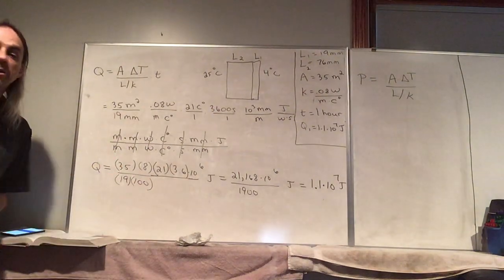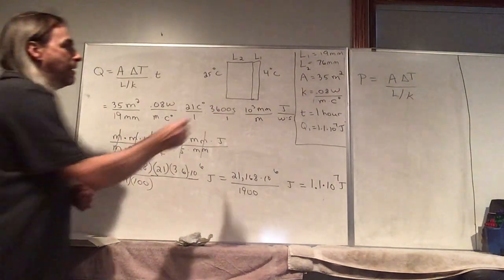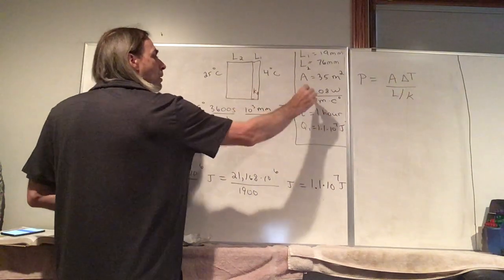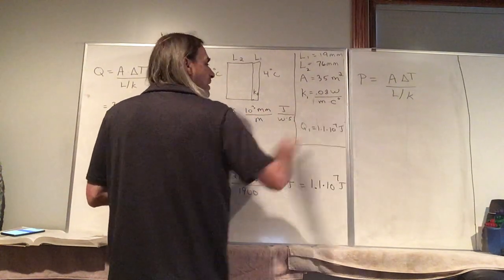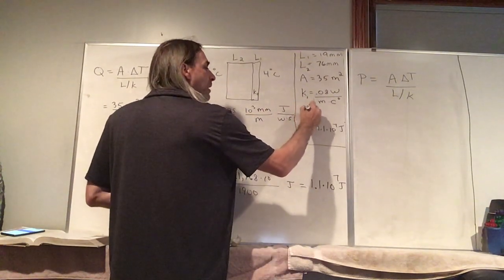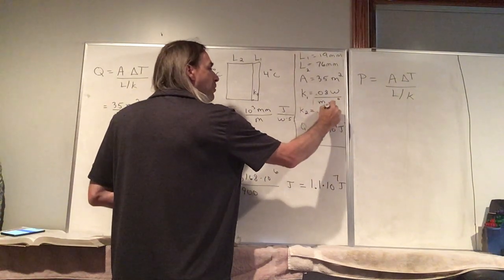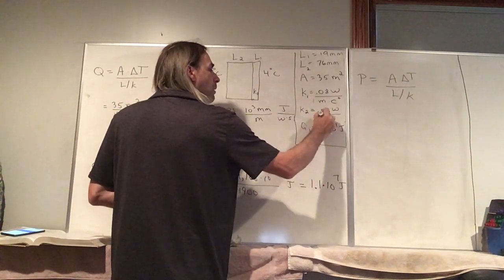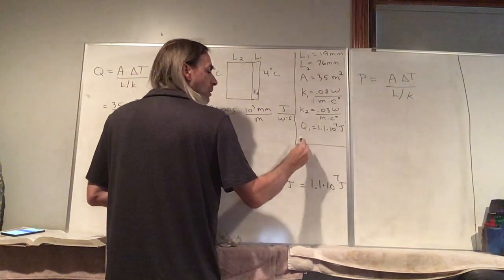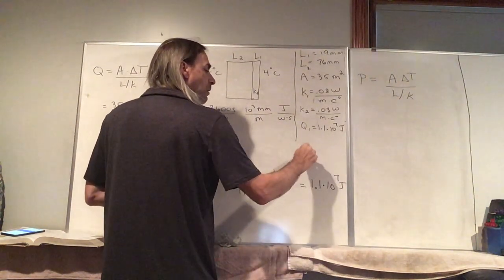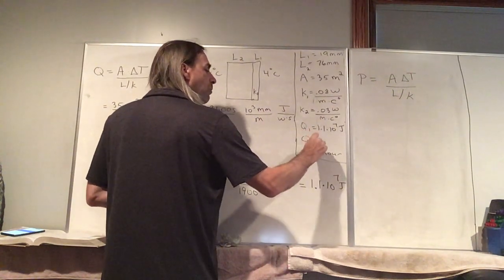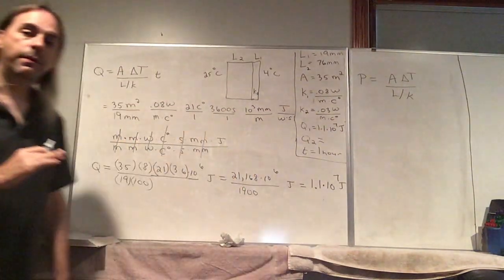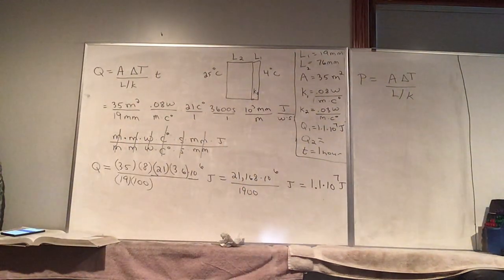So the insulation is much thicker than the wall. And let's say that this is K1, which is 0.08. So K2 is the thermal conductivity of the insulation. And let's say Q2 is the amount of heat that's going to escape now that we have this layer of insulation in place.